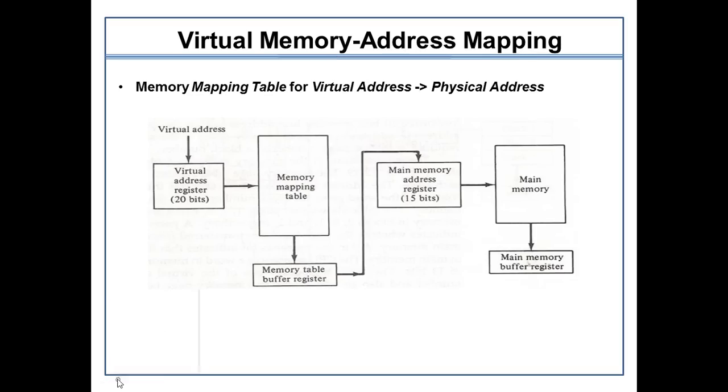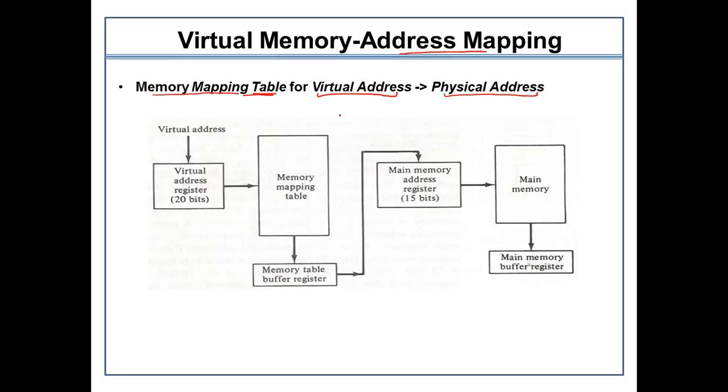So here is the full-fledged concept. I have directly provided a diagrammatical representation here. The idea is that we are simply doing address mapping. We have to map the virtual address with the physical address. So what is the procedure we are using? That procedure we call the memory mapping table.